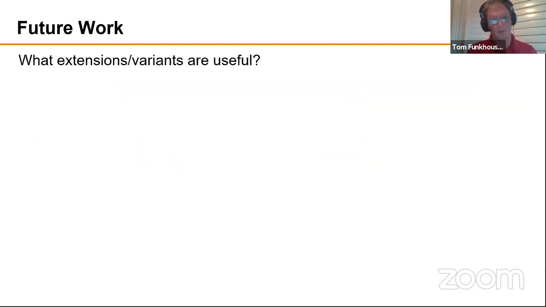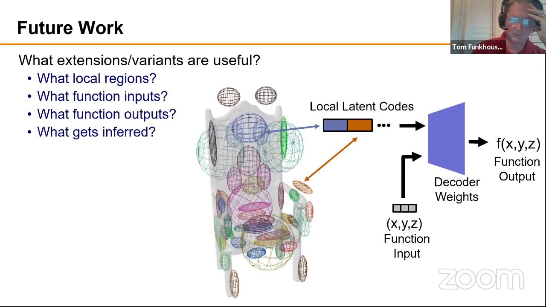We didn't do that. If you think about which extensions and variants are useful, there are lots of them, and people in this workshop are already doing them. This is a little bit late, but we advocated for local regions.